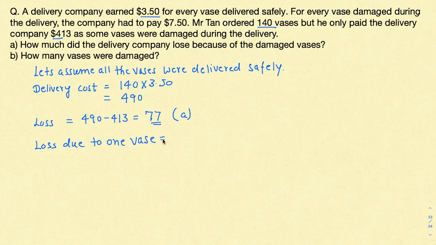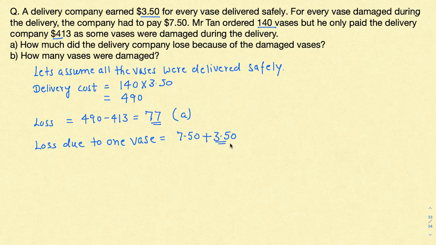A lot of my students immediately say, oh, it will be $7.50. I will ask why. They will say it's because this is what the company has to pay if the vase is damaged. But do you really think it's only $7.50? No, it's not only $7.50. We have to add $3.50 as well to it. Why? Because this is the amount the company could have received if the vase was not damaged, right?